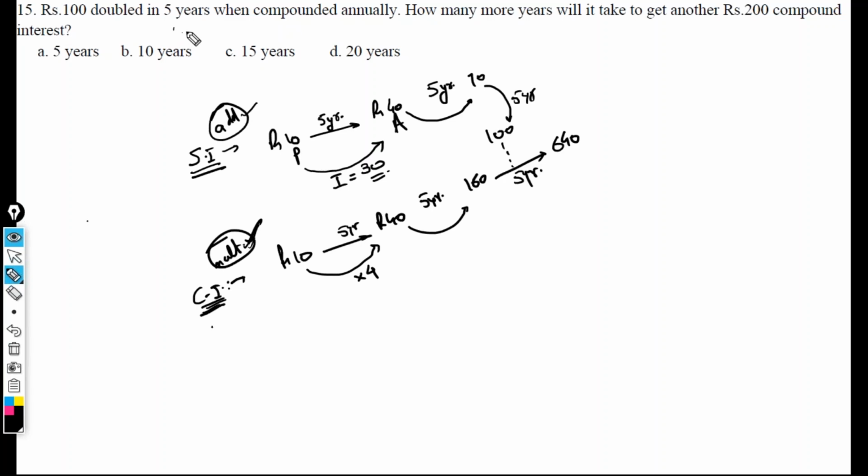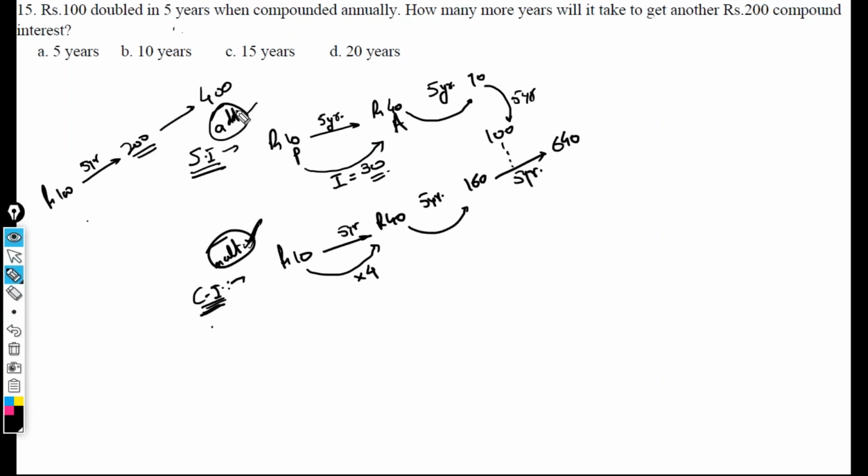So this question has to be done like this only. The question says rupee 100 doubled in 5 years. So 100 becomes 200 when compounded annually. How many more years will it take to get another rupee 200 as an interest? So on this 200 I require another 200 as interest.